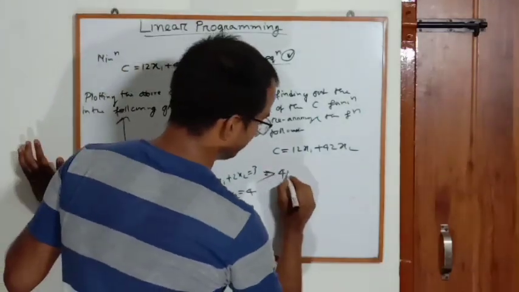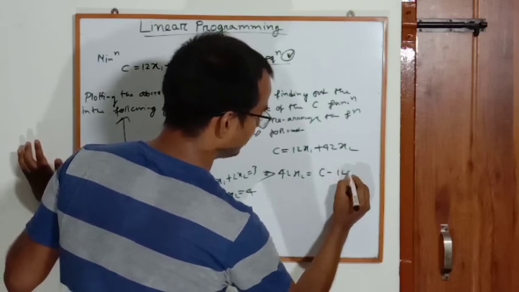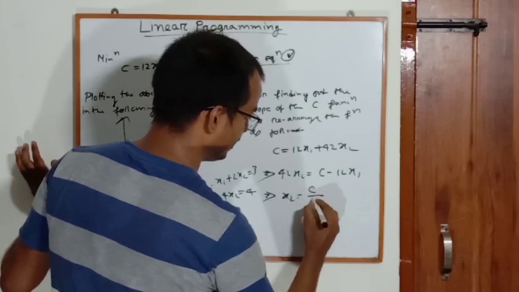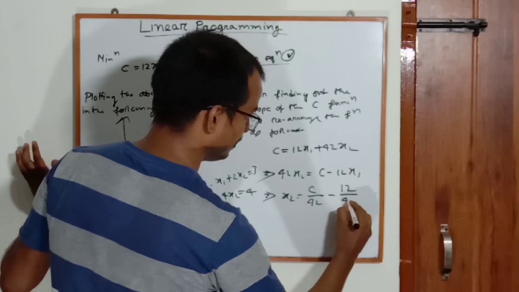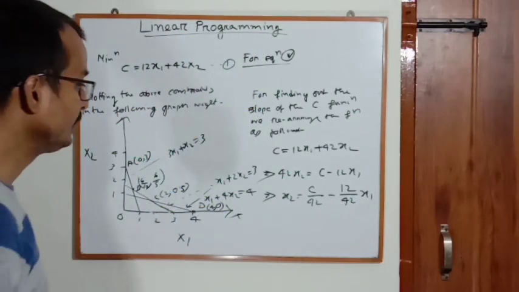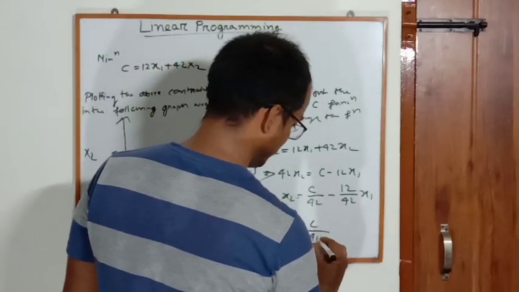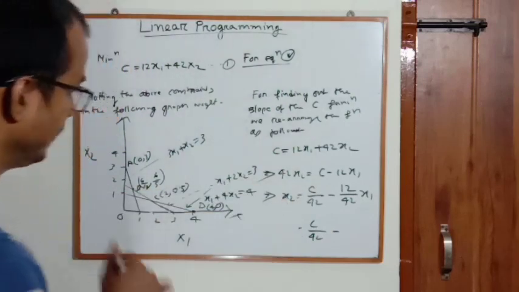So you get 42 x2 equal to C minus 12 x1, so x2 equals C by 42 minus 12 by 42 x1. Okay, this will be C by 42 minus those things, they cannot be cancelled.